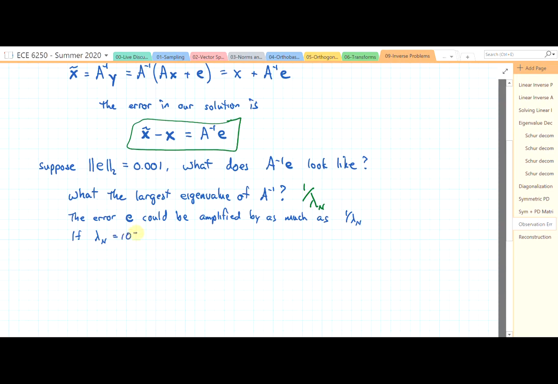So let's say that we did have a very small eigenvalue in our original A, 10 to the minus fifth.